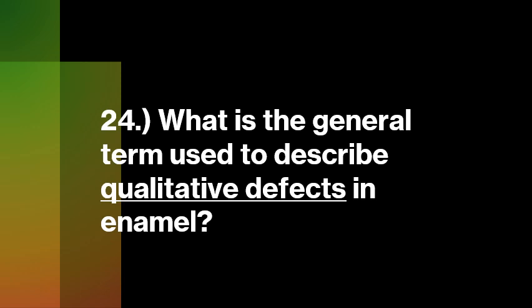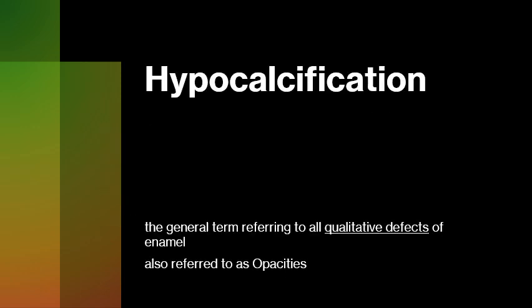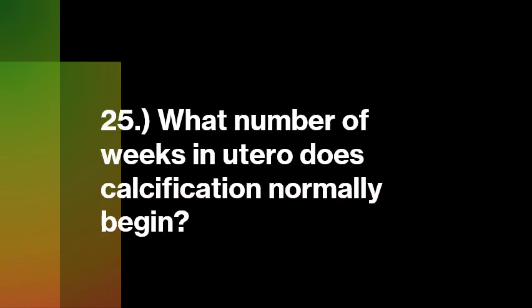So what is the general term used to describe the defects in terms of quality? So this is known as hypocalcification, which are actually qualitative defects of enamel, and they are also referred to as opacities. They are clinically visible, or they clinically present as opacities.